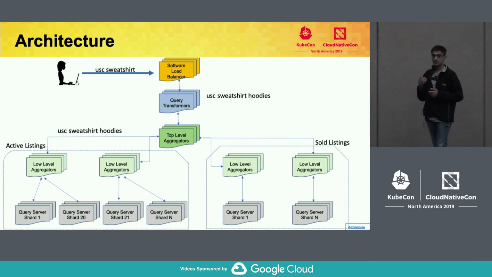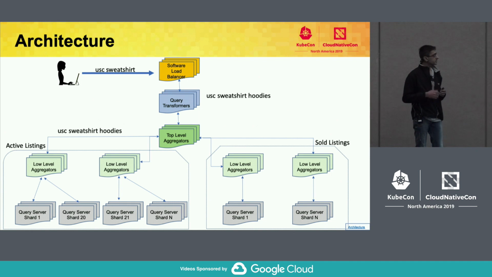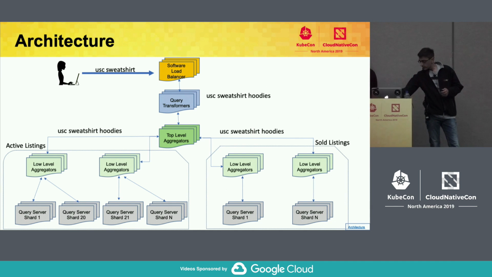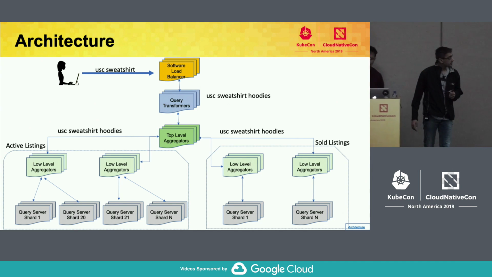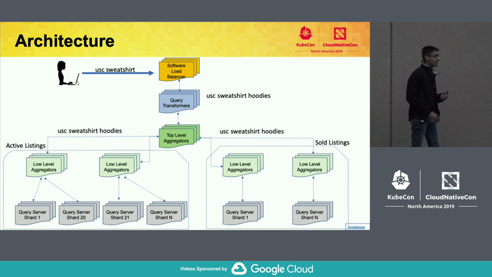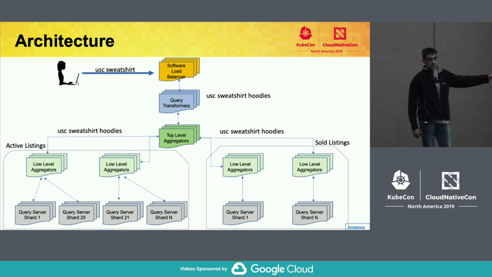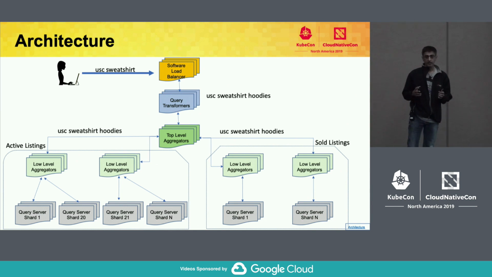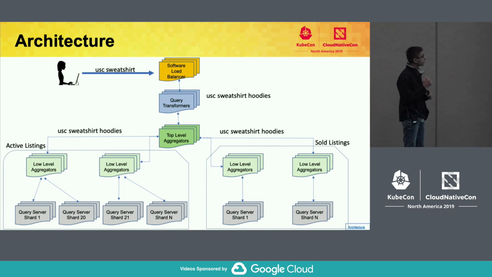And then we send this transformed query to the next layer, which we call the top-level aggregators. The top-level aggregator's responsibility is to take this user query and fan it out to multiple use cases if the intent is such. So it can send the same query to our active listings and also to our sold listings. And then on the way back, it merges the results for the upstream layers to get the whole relevance and recall for that particular query.